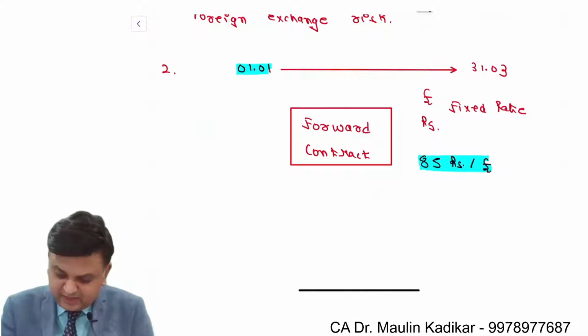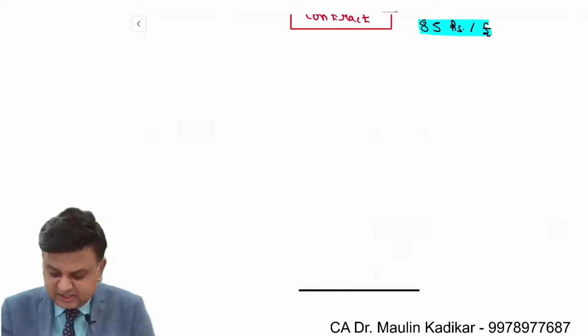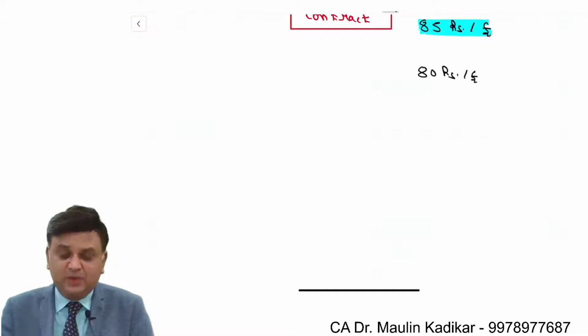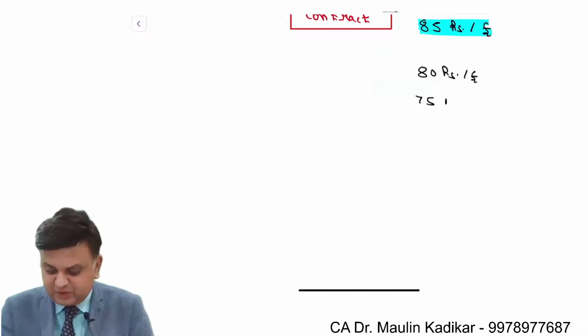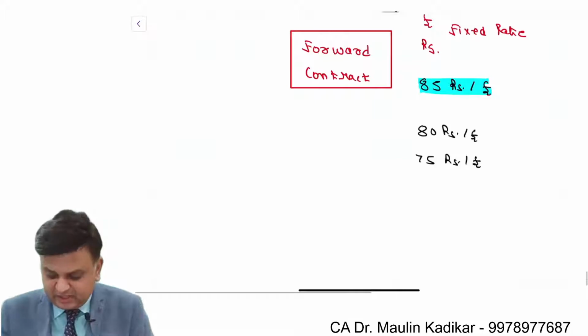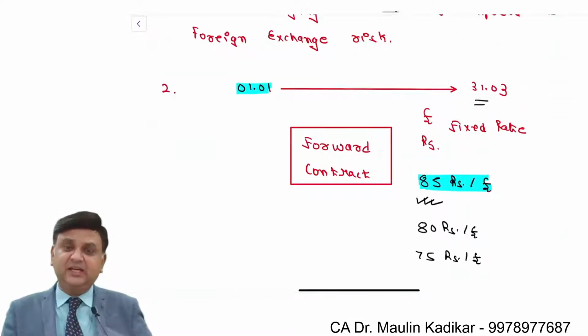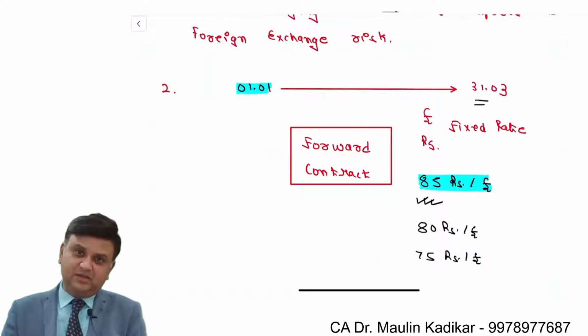On 31st of March, suppose the spot exchange rate is 80 rupees per pound or 75 rupees per pound. Whatever it may be after 3 months, the conversion will take place at the predetermined rate of 85 rupees.